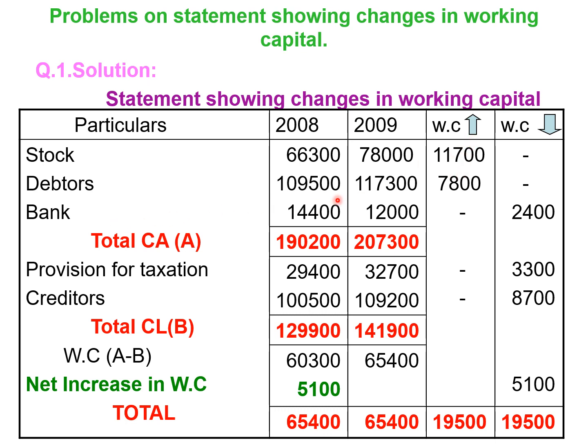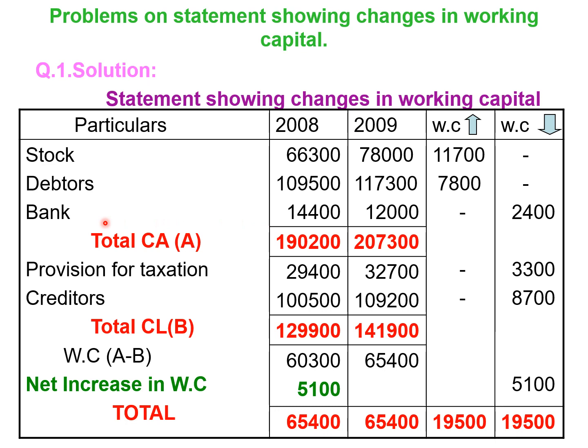Debtors, last year it's 1,09,500. Current year it's 1,17,300. There is an increase in debtors. So when current assets increase, working capital will also increase. Therefore 7,800 will result in an increase in working capital.